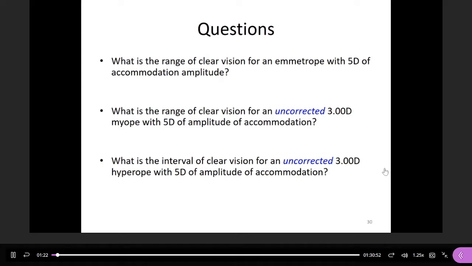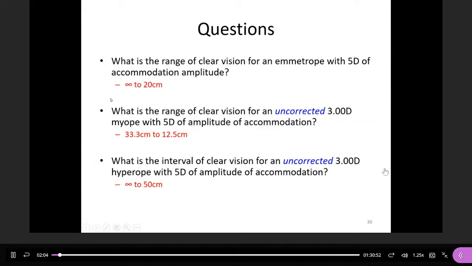I think last time we did the calculation together, and as you can see here, this is talking about the near point and also the far point of accommodation for subjects with different refractive errors. In the example, the subjects have no refractive error, myopia, and hyperopia, all uncorrected, and with the same magnitude of accommodation.